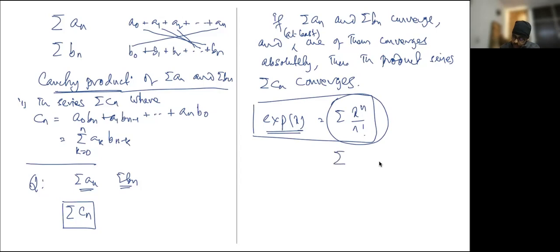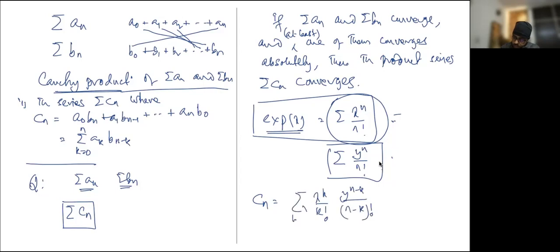Let's take essentially the same series, but for a different number here. Now let's see what is the product of these two series. So what would be the nth term of the product series? The nth term of the product series is going to be the kth term from here times the n minus kth term from here, and then you sum over k from 0 to n.